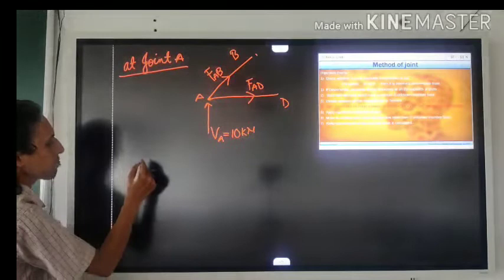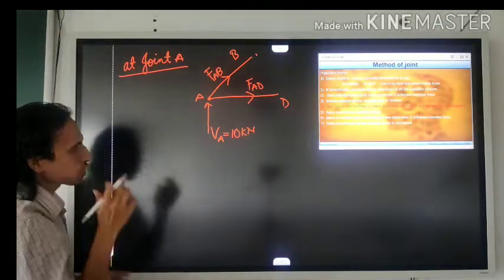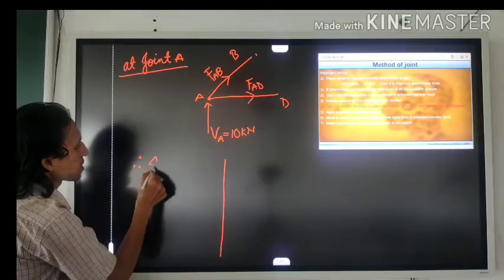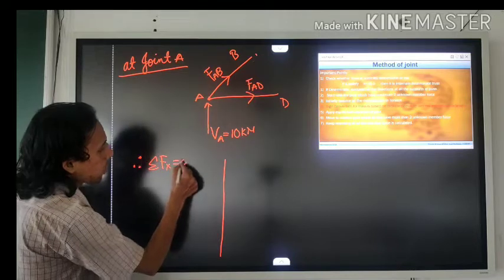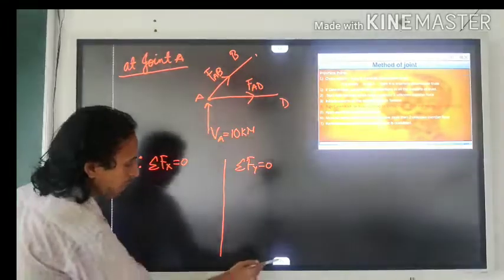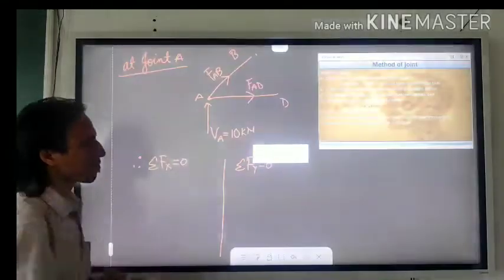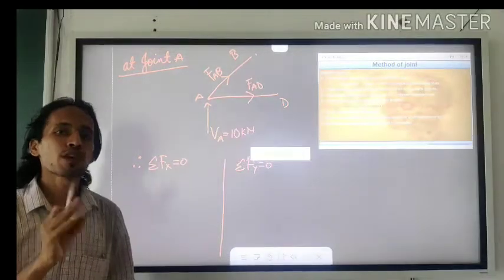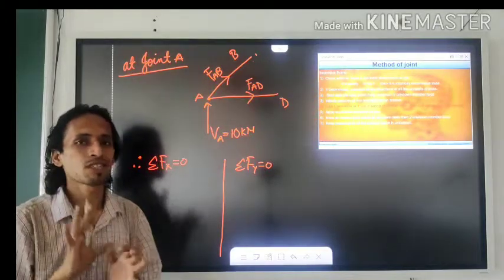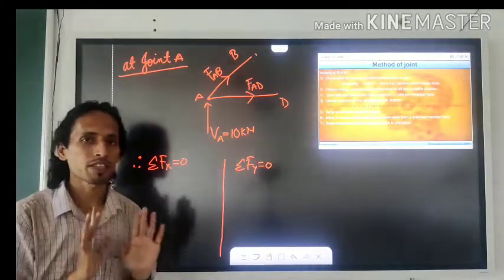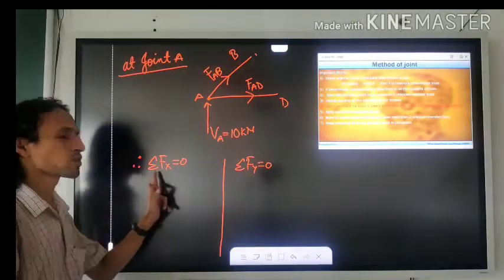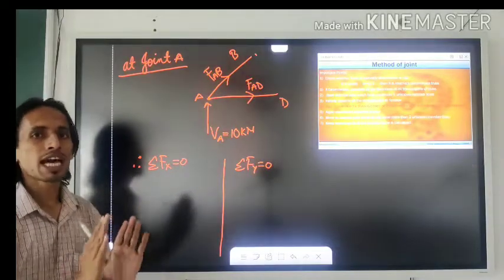Now start applying the equilibrium conditions. So you have two choices: summation of Fx is equal to 0 or summation of Fy is equal to 0. So which equation can you use first? That's a big question, and it will help you reduce your time while solving a truss. Suppose you are using the Fx equation. How many forces are in the x direction?